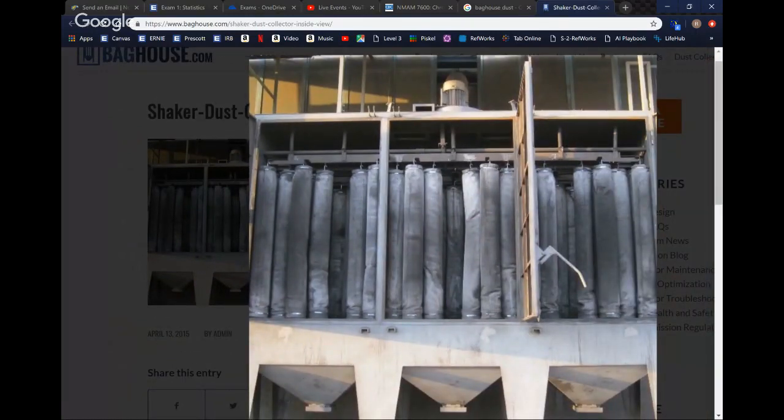So it looks like they have doors that they've opened up on this. This looks like a typical baghouse, dusty inside. So what you have inside are called socks. Inside the sock is a little wire frame that just helps it maintain its shape. And what's happening is, I'm not sure which way the air is coming in. It kind of looks like maybe it's coming down, because I don't see ductwork up here.